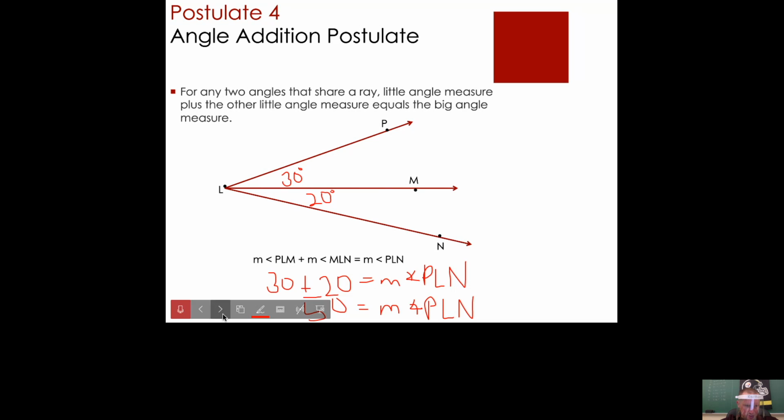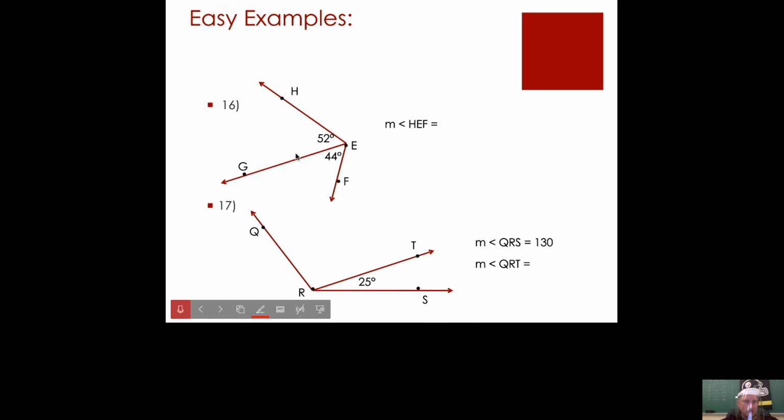Okay, so we'll try some other examples. Number 16, you have a diagram with 3 angles, 2 little ones, and a big one. What is the measure of angle HEF? That's the big one. It's always a good idea to mark that. That's our big angle.